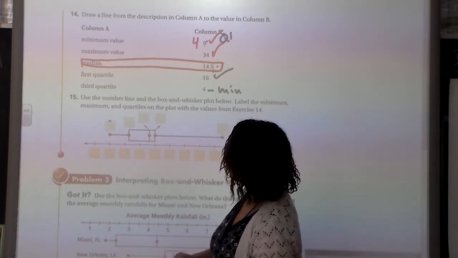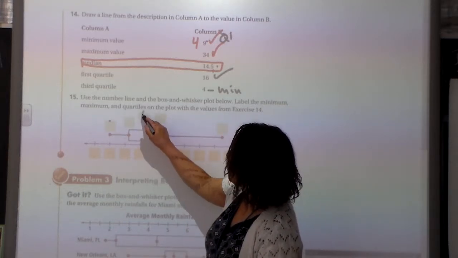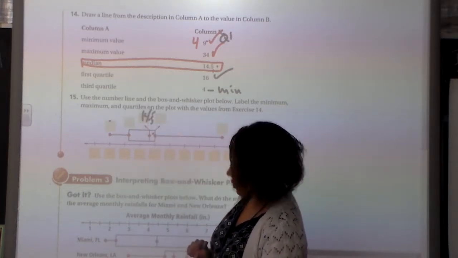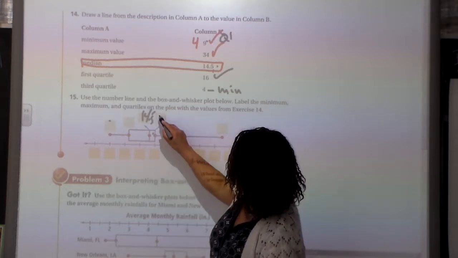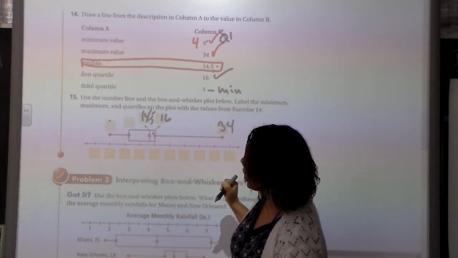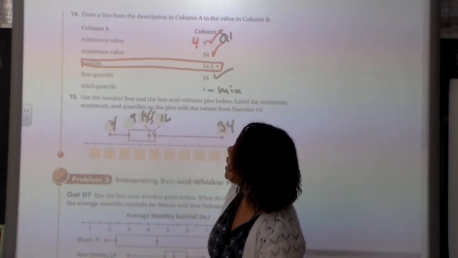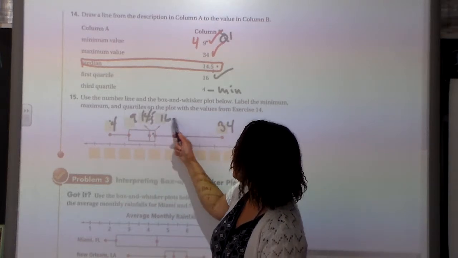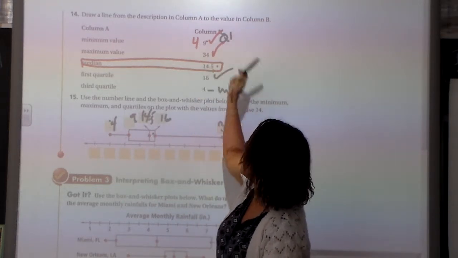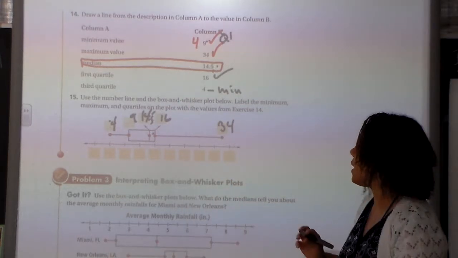So in the center, we have our 14.5. We have our 16, and over here we have our 34. We have a 9, and we have a 4. These are the 5 sets of information we needed to derive from our original data set.